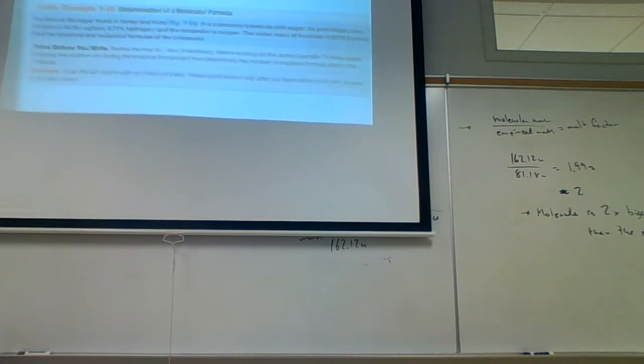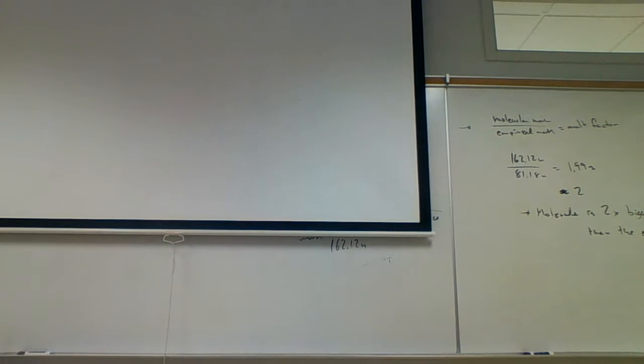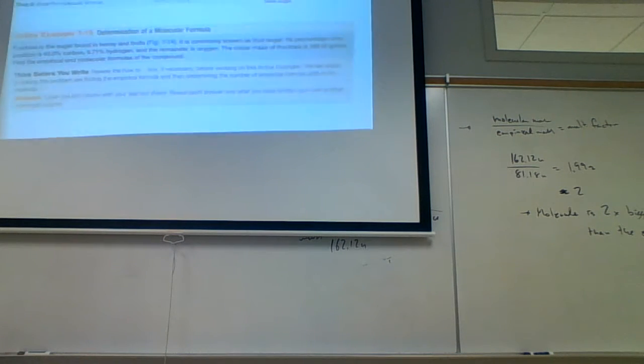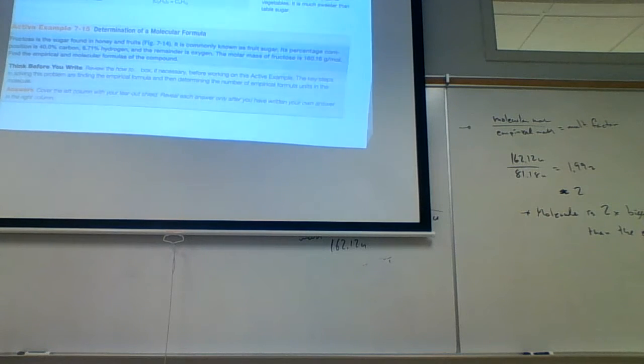So this is a difficult problem here. Fructose is the sugar found in honey and fruits. It is commonly known as fruit sugar. Its percent composition is 40.0% carbon, 6.71% hydrogen, and the remainder is oxygen.